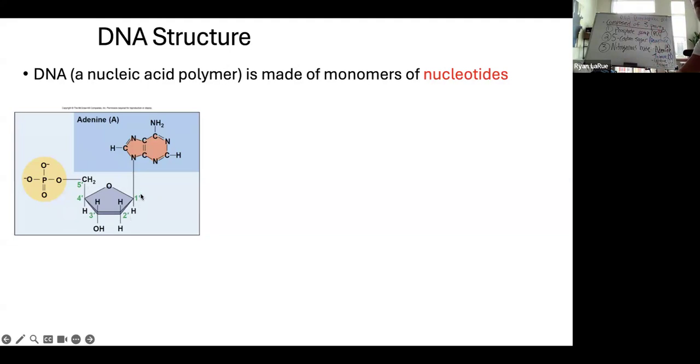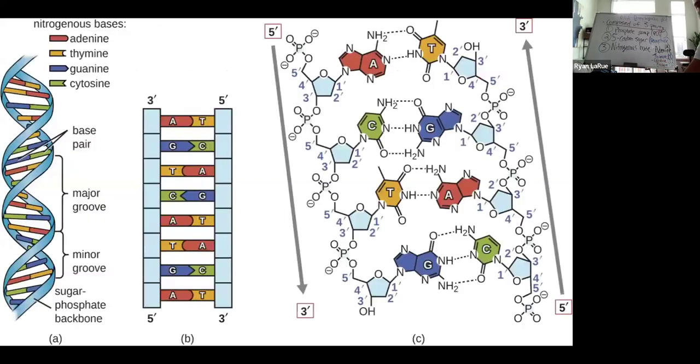And then there's this little dash mark that we refer to as prime. So 1 prime, 2 prime, 3 prime. So we'll talk a bit about that pretty much on the next slide. But just keep in mind that we're referring to the carbons in the 5-carbon sugar of the nucleotide.